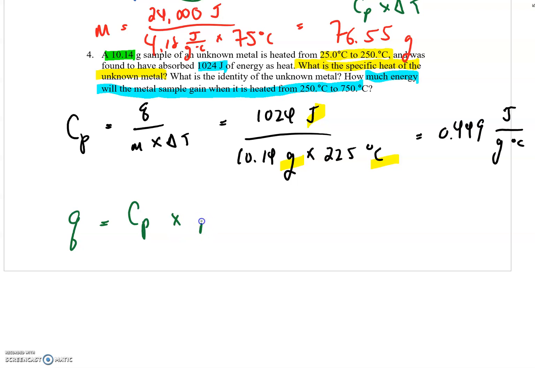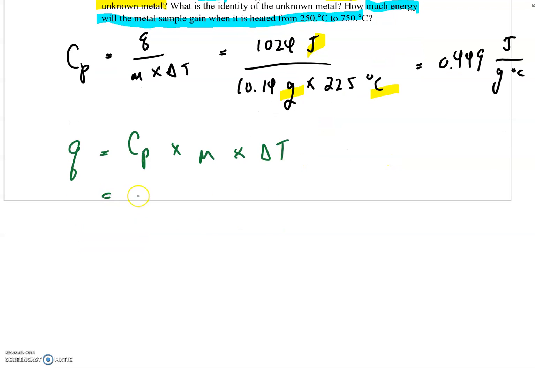Q is equal to Cp times M times delta T. Well, you just found the specific heat, 0.449 joules per gram degree Celsius. The mass hasn't changed. It was 10.14 grams before. It's still 10.14 grams. And our delta T, well, we're going from 250 to 750. It's a delta T of 500 degrees Celsius.